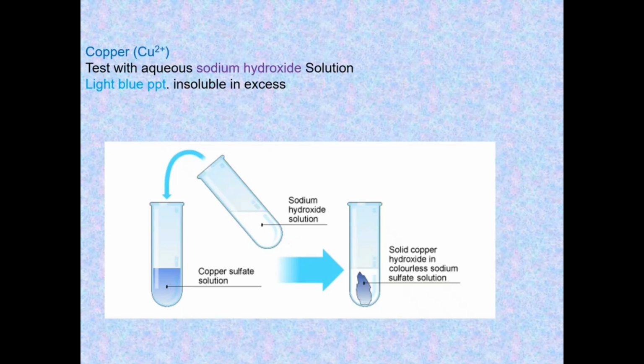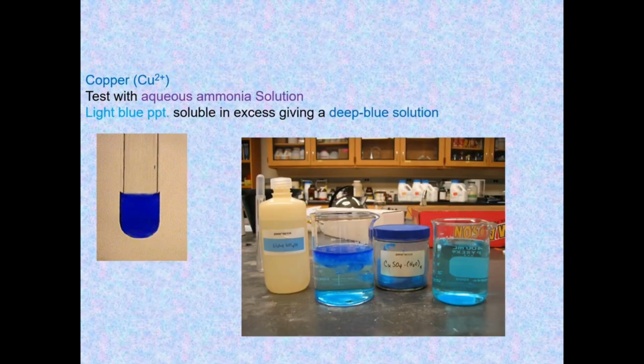But when you add aqueous ammonia solution, it will form a blue precipitate, and when you add excess ammonia, the precipitate will become a deep blue solution. So the copper hydroxide will dissolve in excess ammonia solution, giving you tetraamine copper.